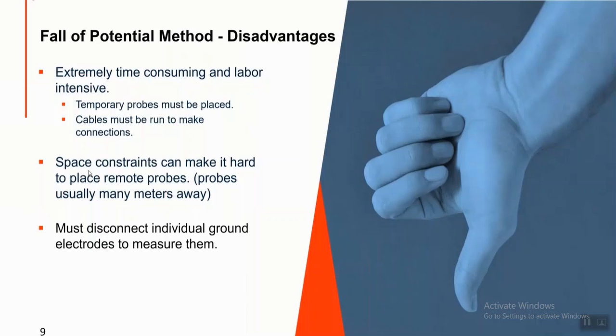Also, if you have limited space or limited area, I think you will have a problem when you use this method, because sometimes we don't have enough place to put the current probe far away from the electrode under test. And also the individual ground electrodes must be disconnected from the system, so you need to measure the individual ground only.